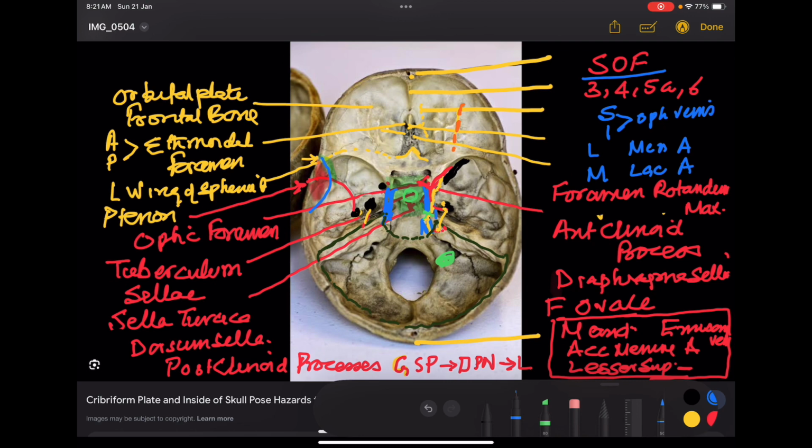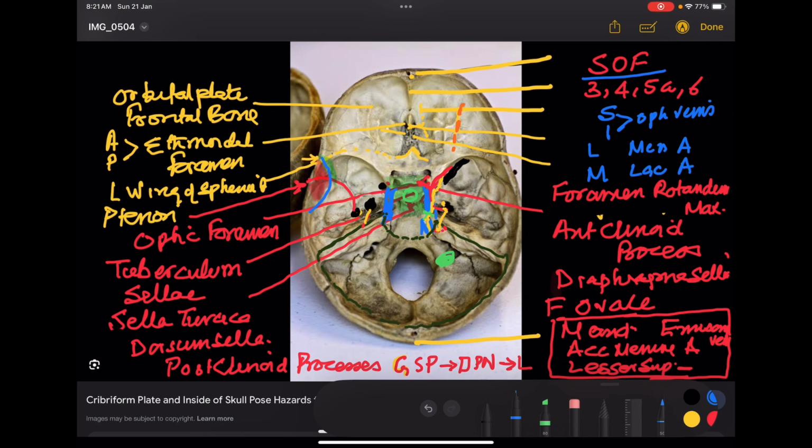So, the foramina that lie in the middle cranial fossa: superior orbital fissure, foramen rotundum, foramen ovale, foramen spinosum, and two hiatus, one for the lesser superficial petrosal nerve emerging out of the foramen ovale, hiking onto the mandibular and the auriculotemporal, supplying the parotid.